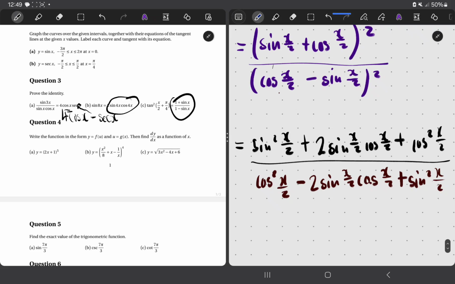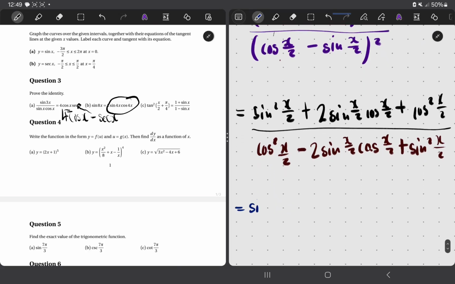Now look at this. What are we going to do now? I have this cos squared x over 2. I would love to change it to a sine squared so that I'm just left with the sines here. So I can just change it. I would say now sine squared x over 2 plus 2 sine x over 2 cos x over 2, plus, cos squared is 1 minus sine squared.